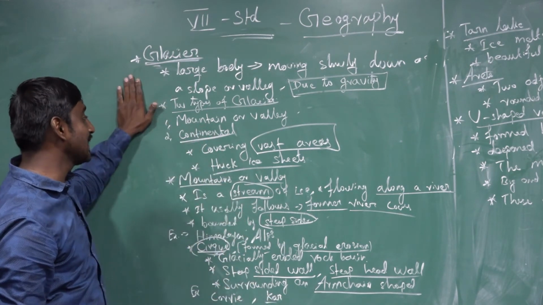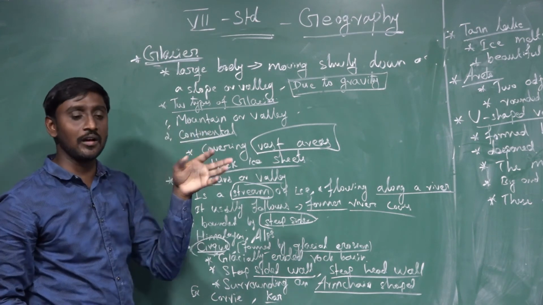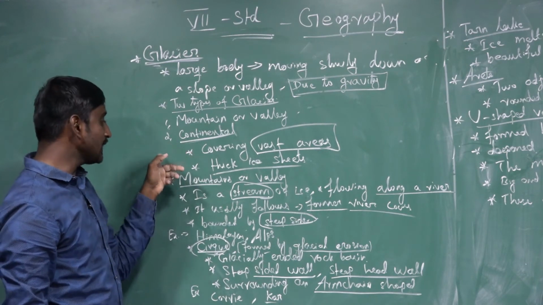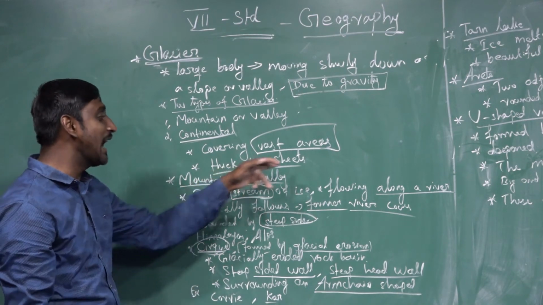So, two types of glaciers: mountain or valley glaciers and continental glaciers. A continental glacier covers vast areas with a thick ice sheet.